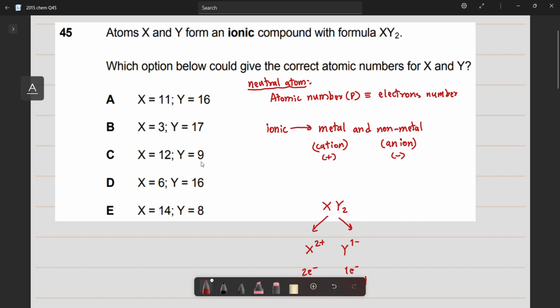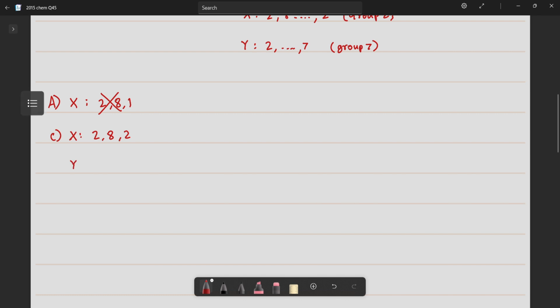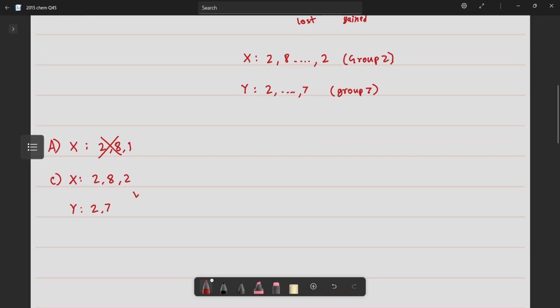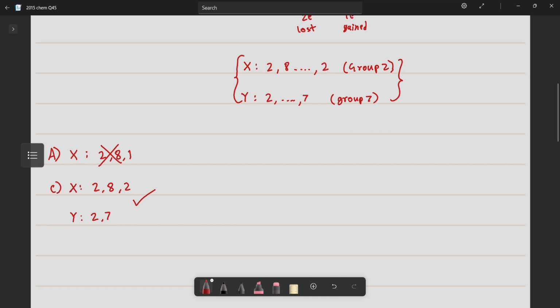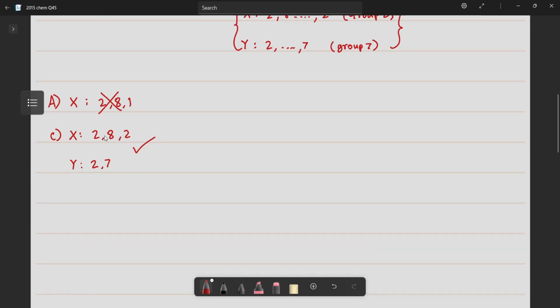Now let's do it for Y. It's 9, so the electronic configuration must be 2 and 7. So now this is correct because it matches our working above, that the last electron numbers for these elements must be 2 and 7 for the ionic compound to form as XY2. So this is the correct option, option C.